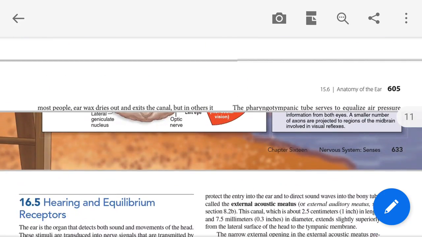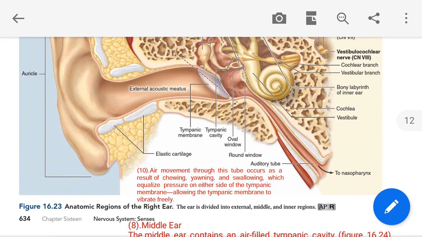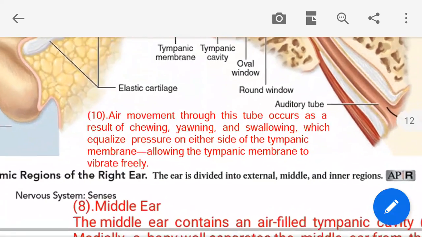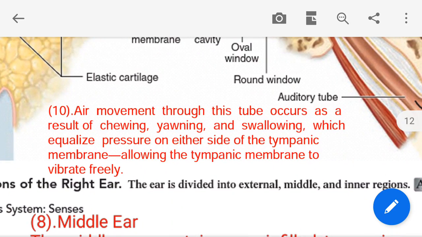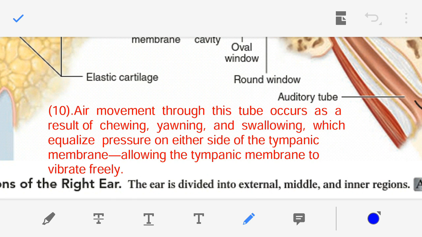Now, the air movement through this tube occurs. So why does air enter into this auditory tube?